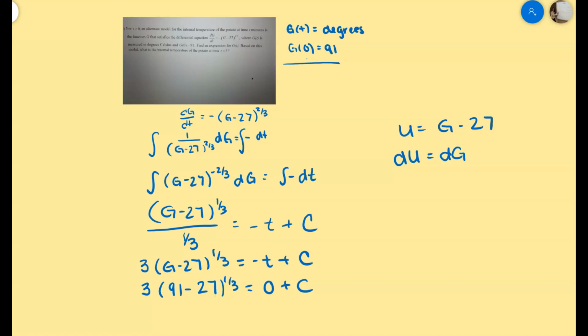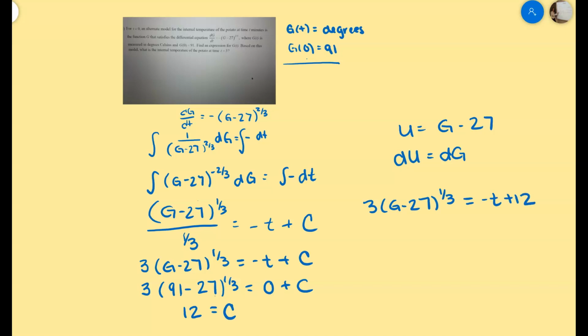So 3 times 4 is 12, so my c value is 12. Then we're going to write this out as a problem now. So we have 3 times (g minus 27) to the 1/3 equals negative t plus 12.